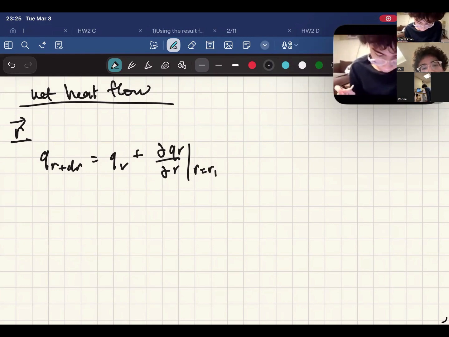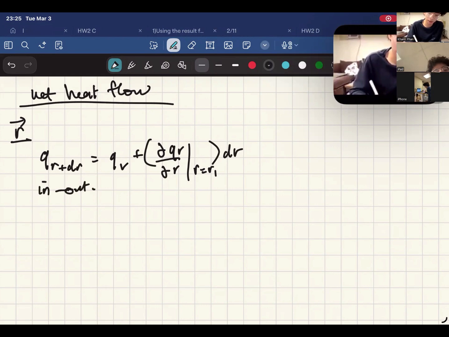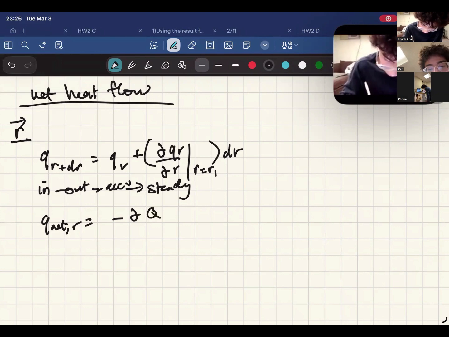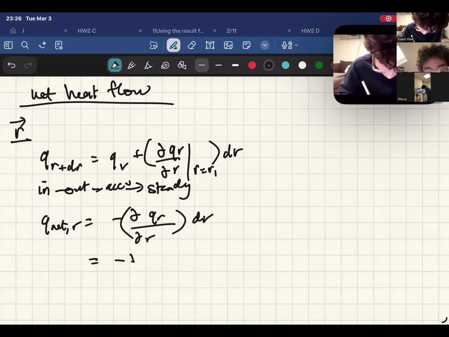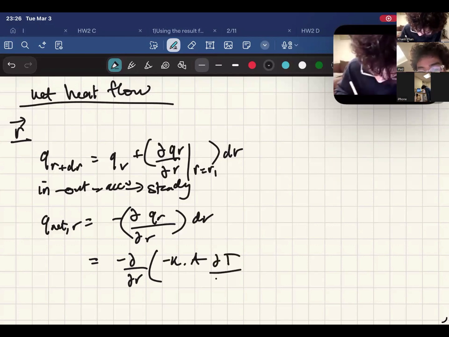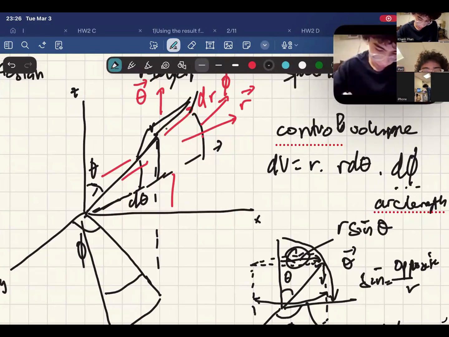So using in minus out equal to zero for steady state, or just any accumulation, we would have the Q net for R is equal to negative delta QR over dr times dr. So this would be negative dr times negative K times area times dT over dr. Negatives cancel out.